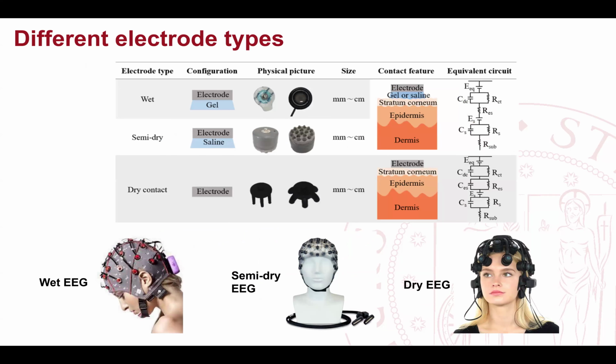These electrodes can actually be of different types. Normally, we can identify three main systems. The most common one is wet EEG. Wet EEG means that these electrodes have a small hole, and you insert a syringe in this small hole and inject a conductive gel, normally containing silver chloride, which is used to reduce the impedance between the electrode and the skin and allows a better current flow.